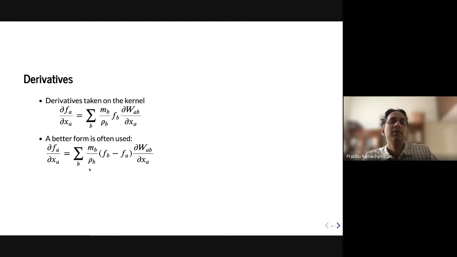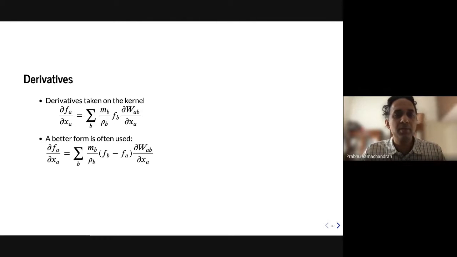All right, so the next step is to take derivatives, because once we can do derivatives, we can actually solve PDEs. So if you want to take the derivative, you simply take the derivative of the kernel, right? It's a little more involved than that if you actually get down to the mathematics of this, because you have issues on the boundaries, but I'm not going to get into those details. You can find that in any reasonable reference on SPH.